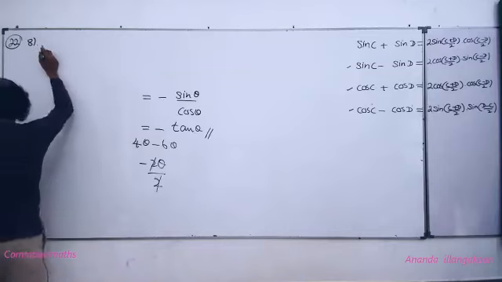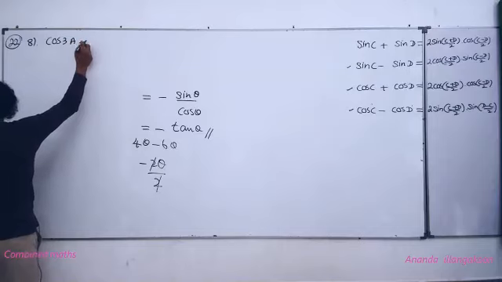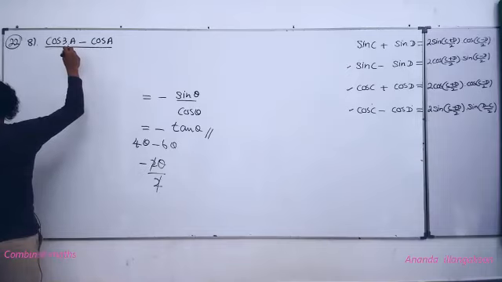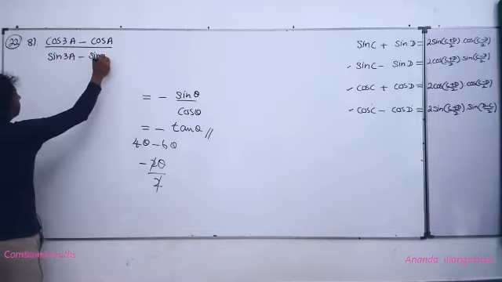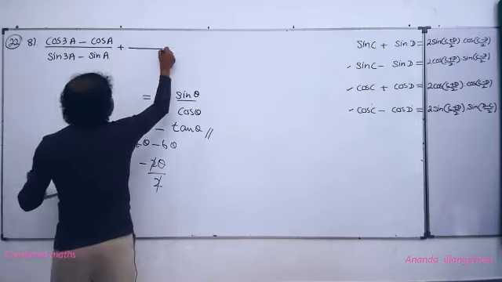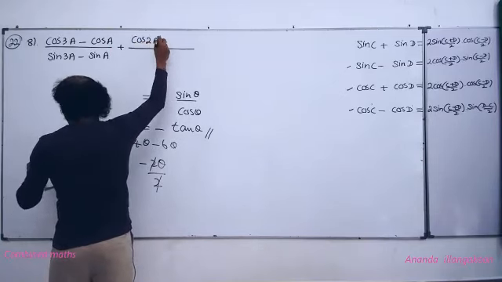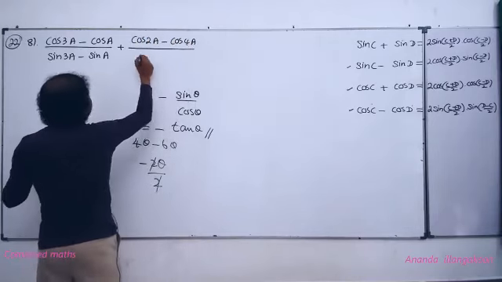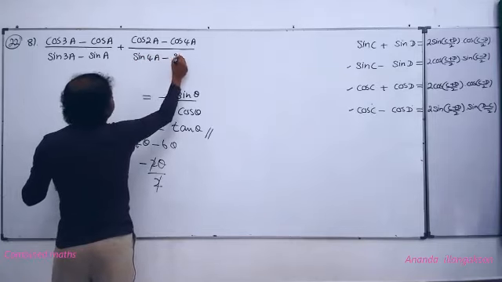Yeah, you are given there cos 3a minus cos a divided by sin 3a minus sin a plus cos 2a minus cos 4a divided by sin 4a minus sin 2a.